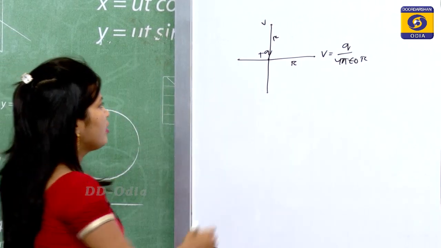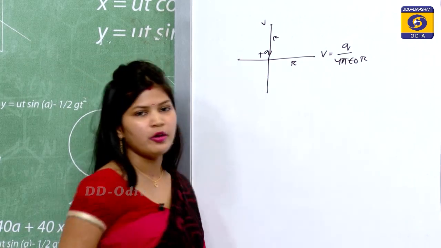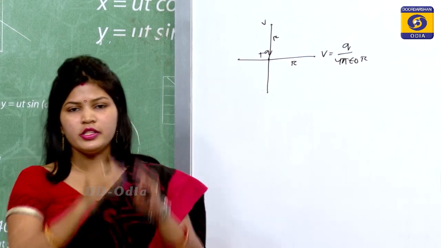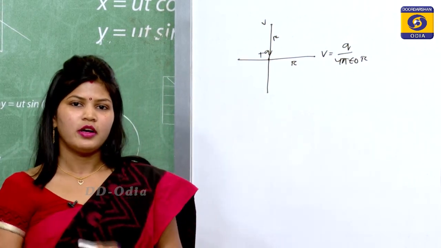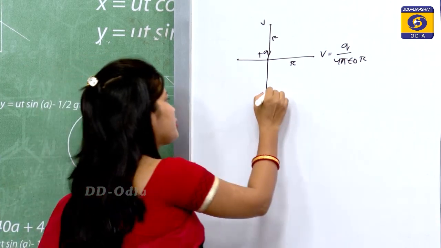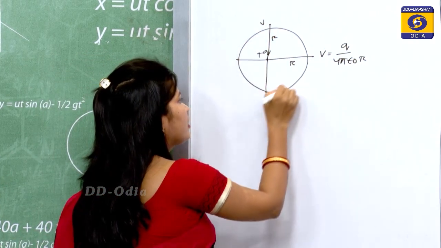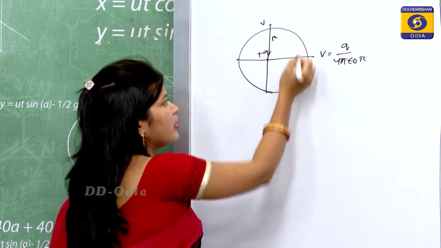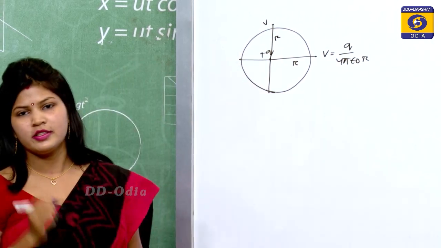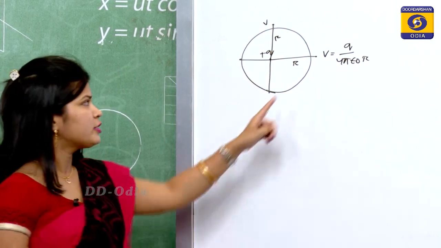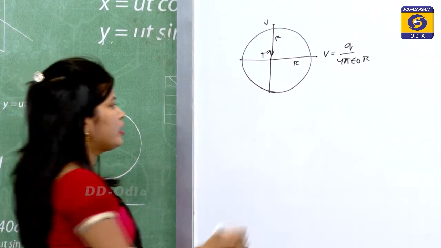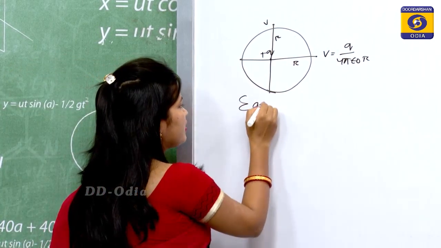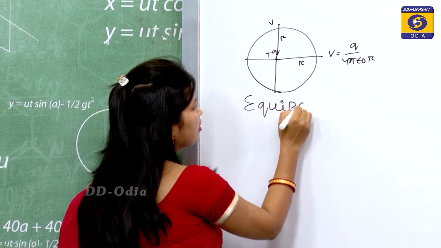Okay. So, what is the locus of all points? When I join up all the points, I will get a sphere at which every point potential is same, and this sphere is called equipotential surface.